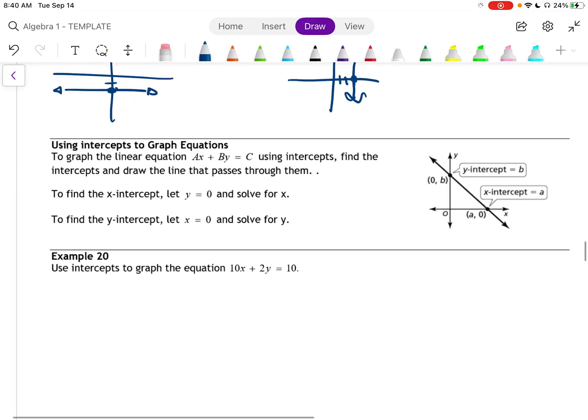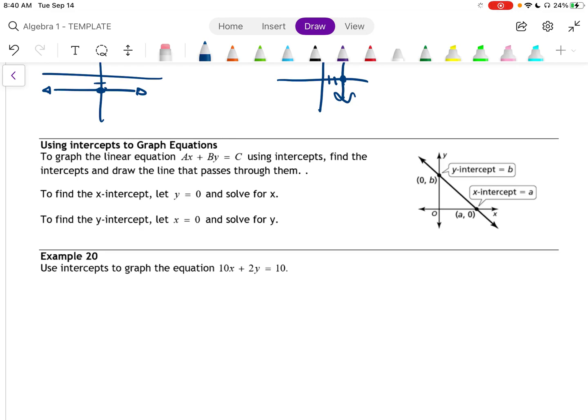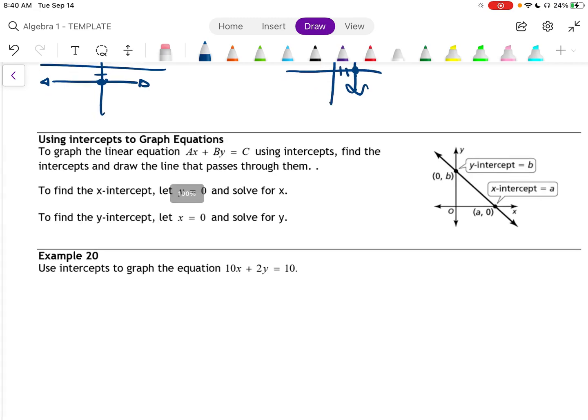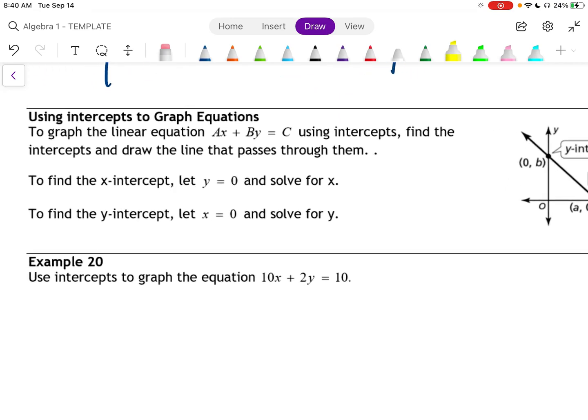Now, using intercepts to graph equations. So whenever something is in standard form, one of the easiest ways to graph it is to find its x and y intercepts. We know from another lesson that for the x-intercept, y is 0.